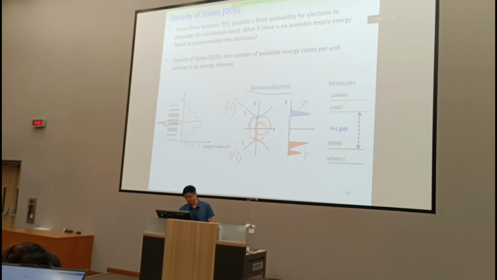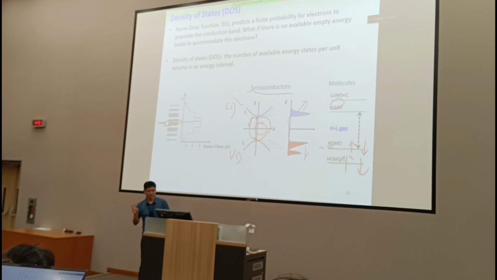This is similar to molecules. Your molecule is very simple. You have the HOMO, if it's closed shell, where each state is occupied by two electrons, up to the highest occupied molecular orbital. On top of that, you have the LUMO, which is empty. But here, at each energy level you only have two degenerate states.